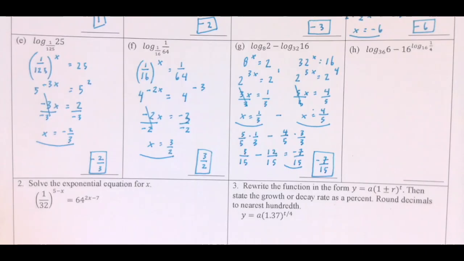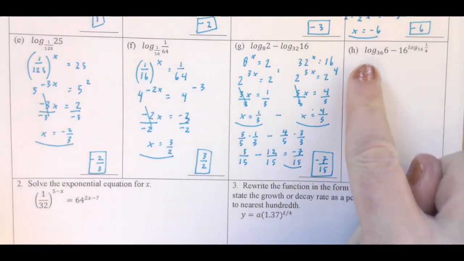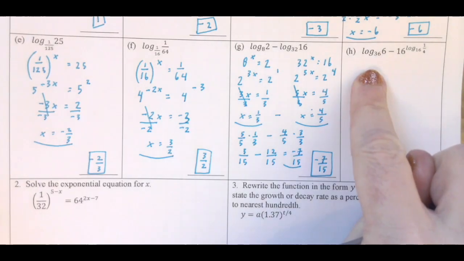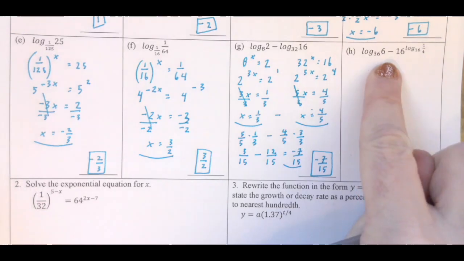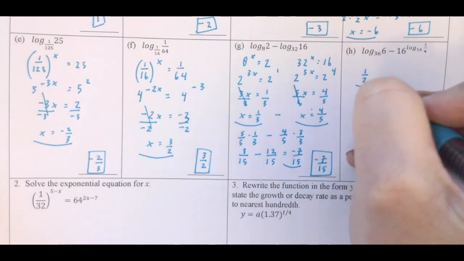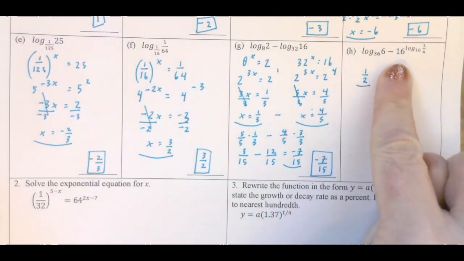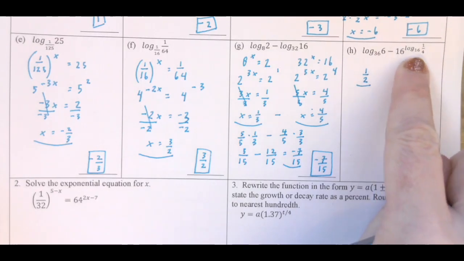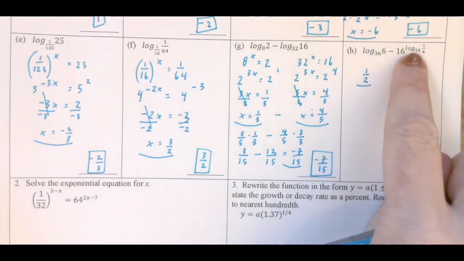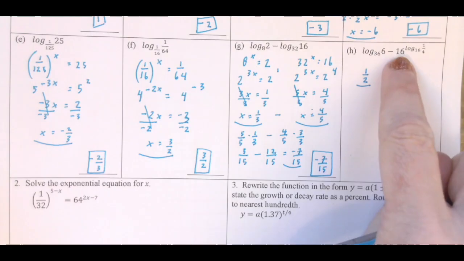All right, next up, same deal. So here, log base 36 of 6. So again, maybe you see that a little bit faster, that the square root of 36 gets you to 6. So I'll do this one faster, right? That's just going to be 1/2. Over here, I have 16 raised to the power of log base 16 of 1/4. Okay, so remember that when the base of the logarithm here matches the base right here, right?